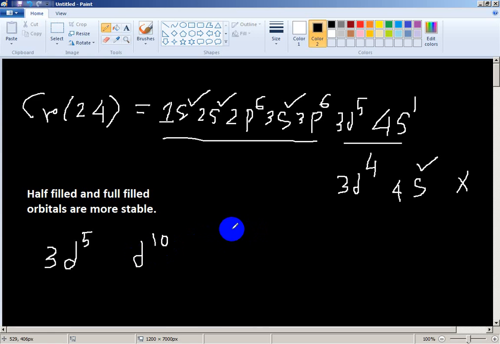And now you can draw these things. What will be the Hund's rule electronic configuration?